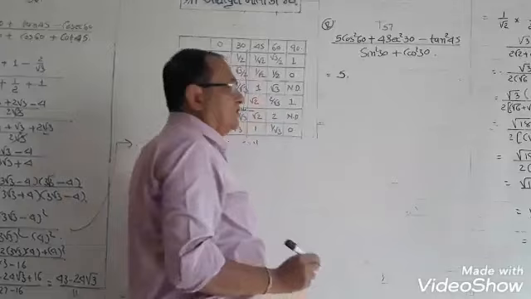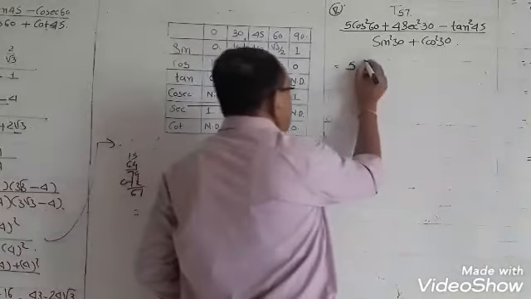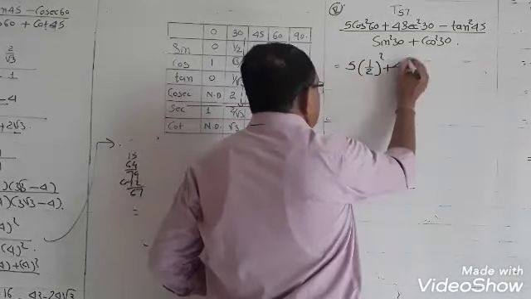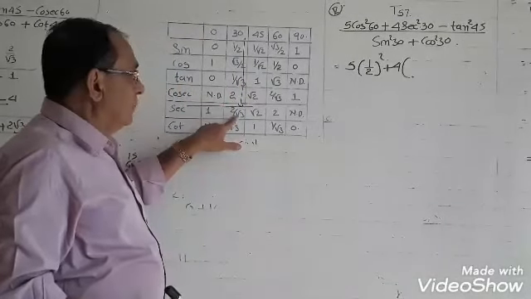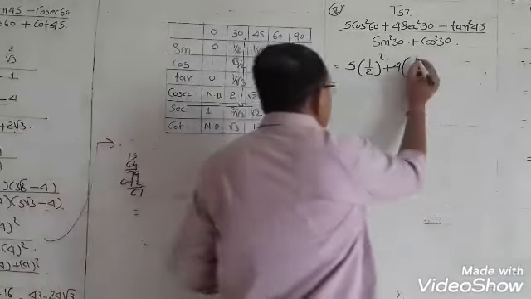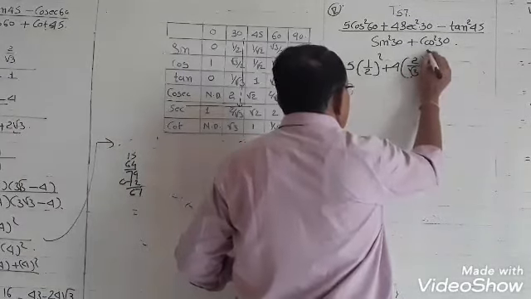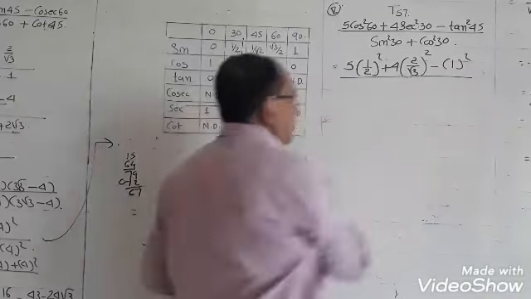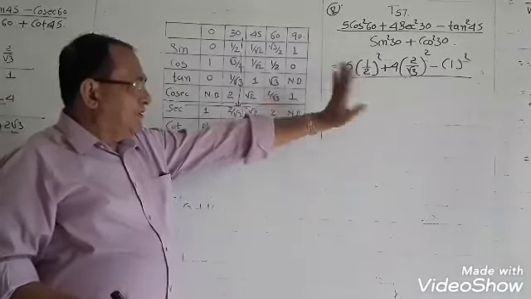5 cos square 60. Cos square 60 is equal to 1 upon 2 whole square, plus 4 sec square 30. Sec square 30 is equal to 2 upon root 3 whole square. Be careful while substituting the values. Value substitution may take one extra minute at first, but stay calm.